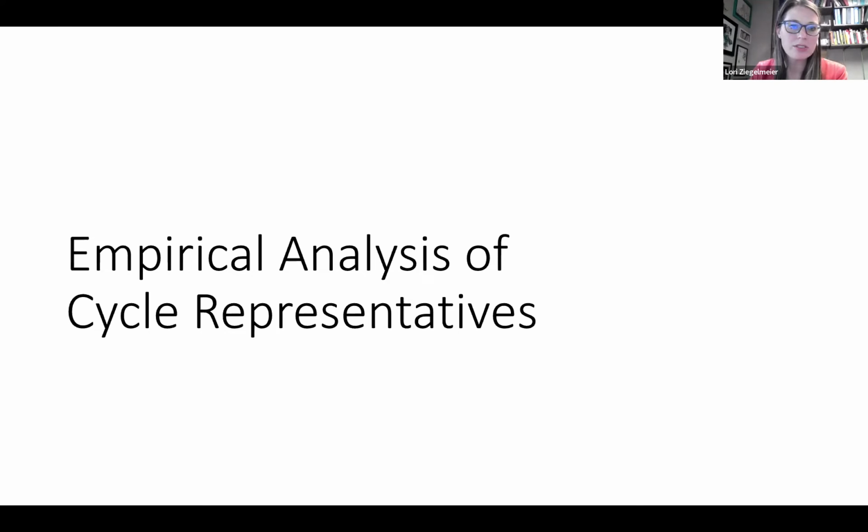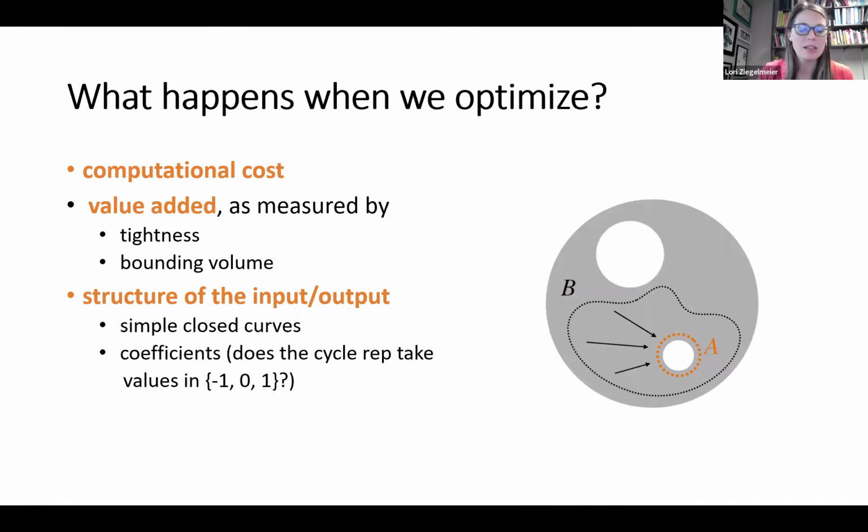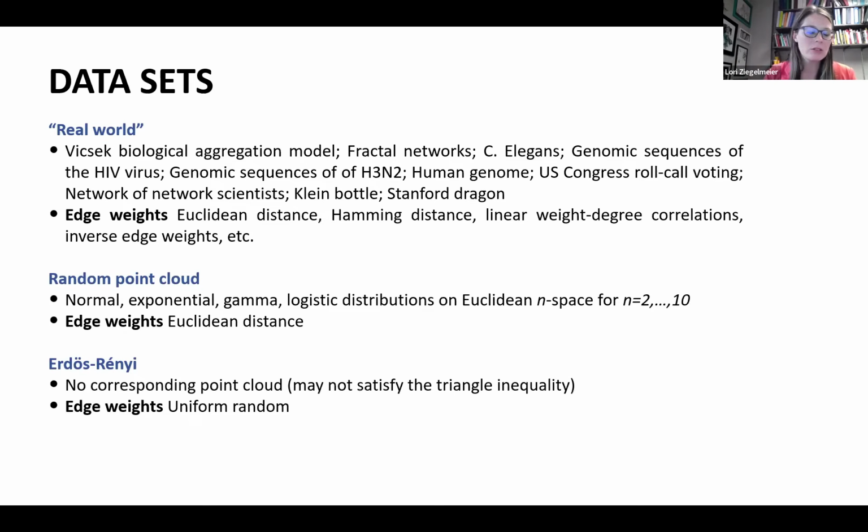Okay, so what we were interested in understanding is an analysis of various cycle representatives. We want to understand what happens when we optimize these. So maybe we want to relate to the computational cost. We want to see how much does an original cycle representative shrink when it's minimized, and then what is the structure of the input and output. So we constructed several experiments of various data sets to explore all of the cycle representatives of these.